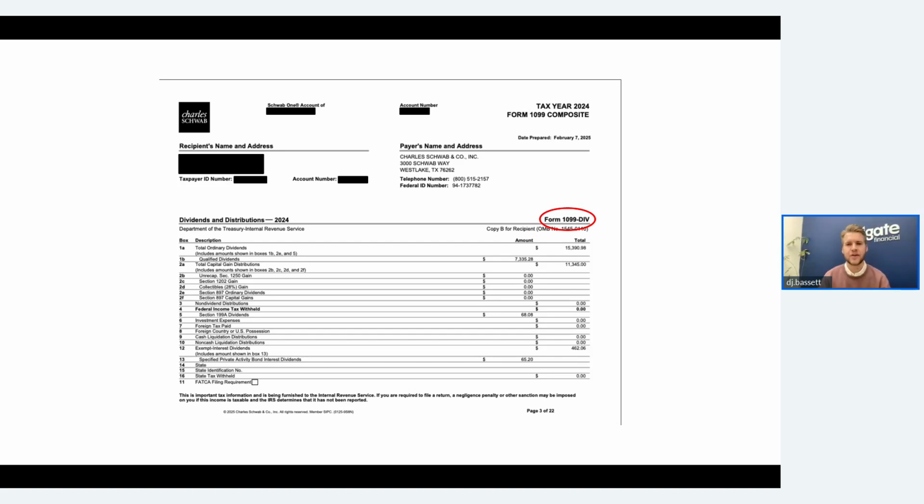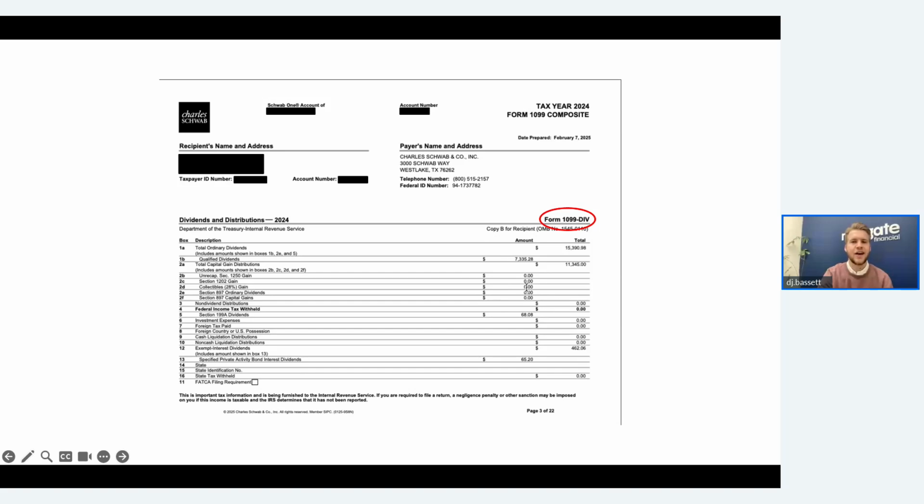And the criteria for that is if you hold the stock or investment for more than 60 days around an ex-dividend date. We won't get into that too much, but you can see here that nearly half of the total dividends were considered qualified. So that'll be good for that person, that they have a lower capital gains tax rate on a portion of that money.